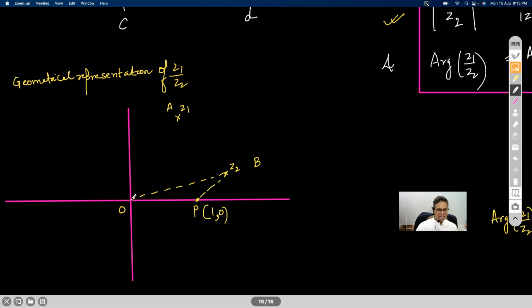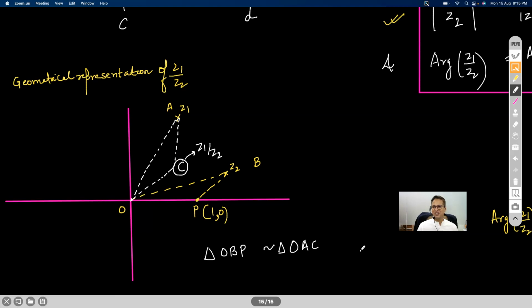Now, I'll make a triangle similar to OBP like this. Let me name it OAC. So triangle OBP is similar to triangle OAC. Then this C point that you see here is your Z1 by Z2.